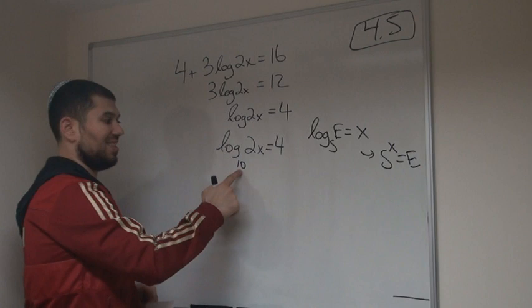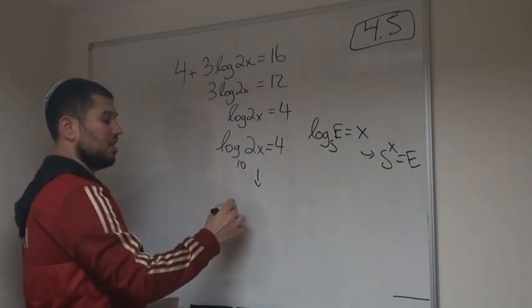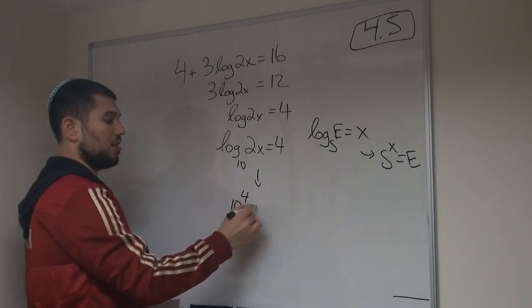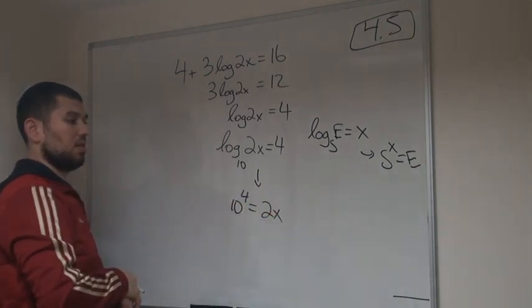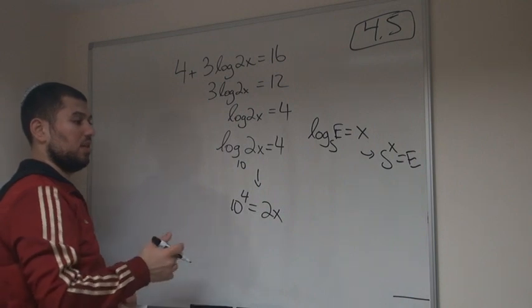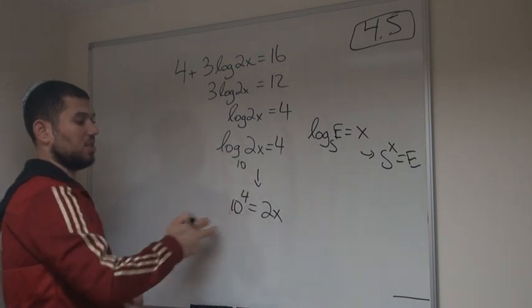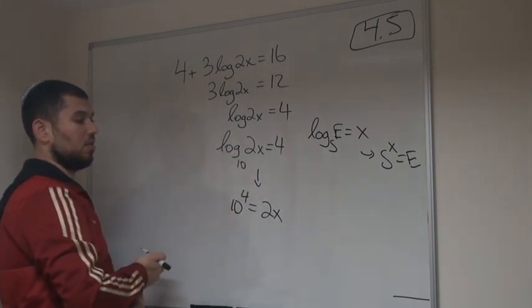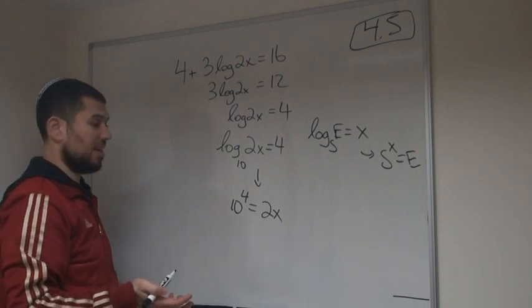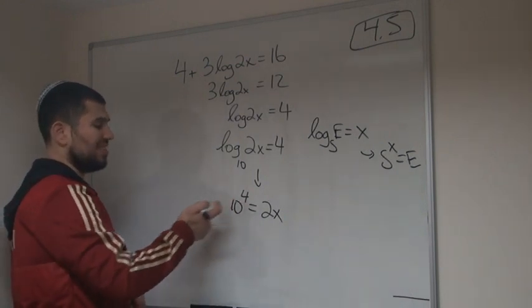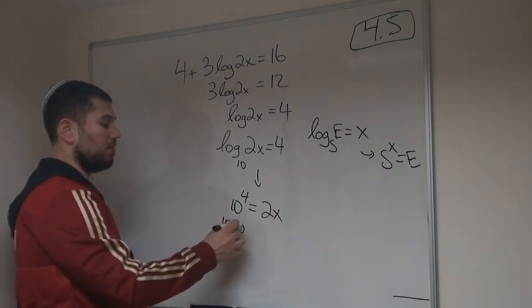So log to the base 10 of 2x equals 4 implies 10 to the 4th power equals 2x. So what I ended up doing is changing my log equation into an exponential equation, where my variable is not in the exponent. And I could definitely solve it. 10 to the 4th power is 1 with 4 zeros.